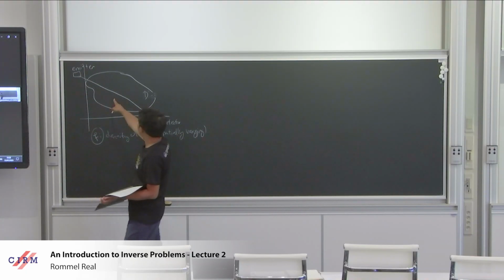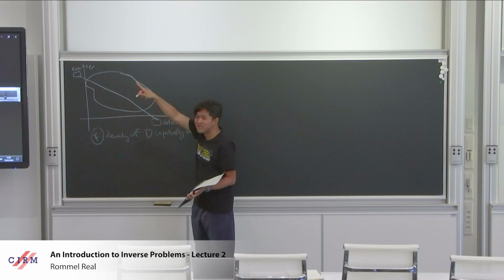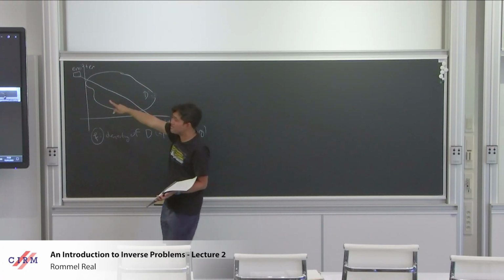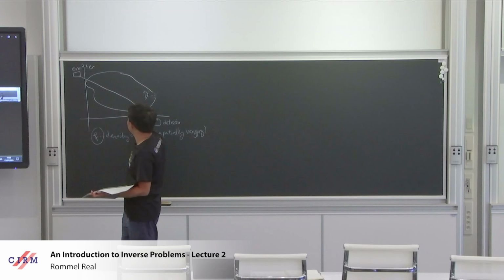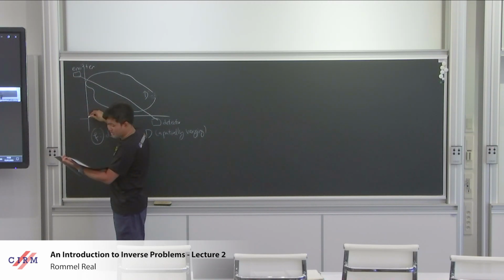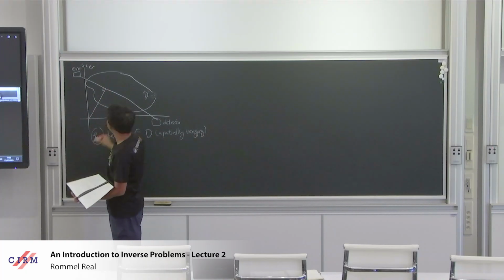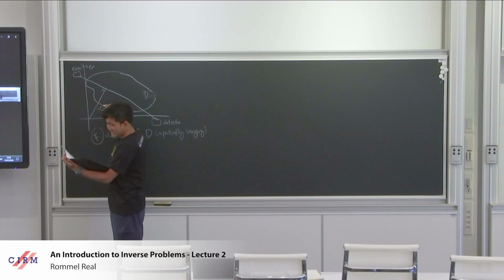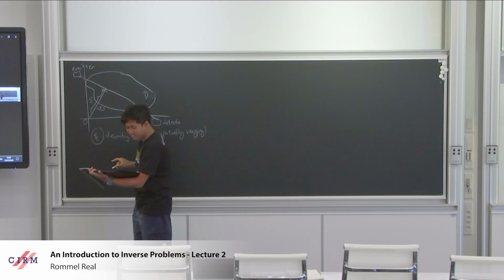So we parameterize these lines, which describe the travel of the X-ray, by, let's say, the unit normal vector. So let's say that's this one. And let's call that omega. Okay? And suppose the distance from the origin is s. Okay?